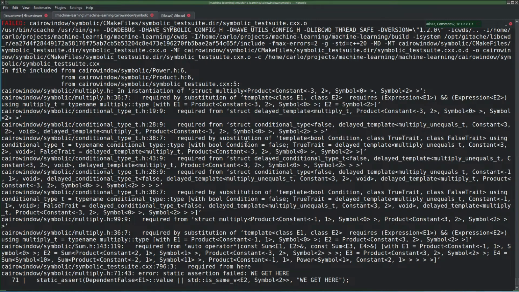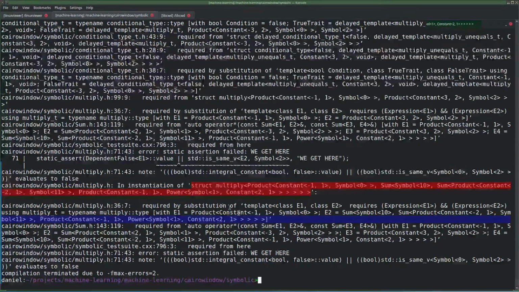I needed it to only give me one error, one static assert, because I want to add static asserts to do the backtrace basically. It's the only way to do it.